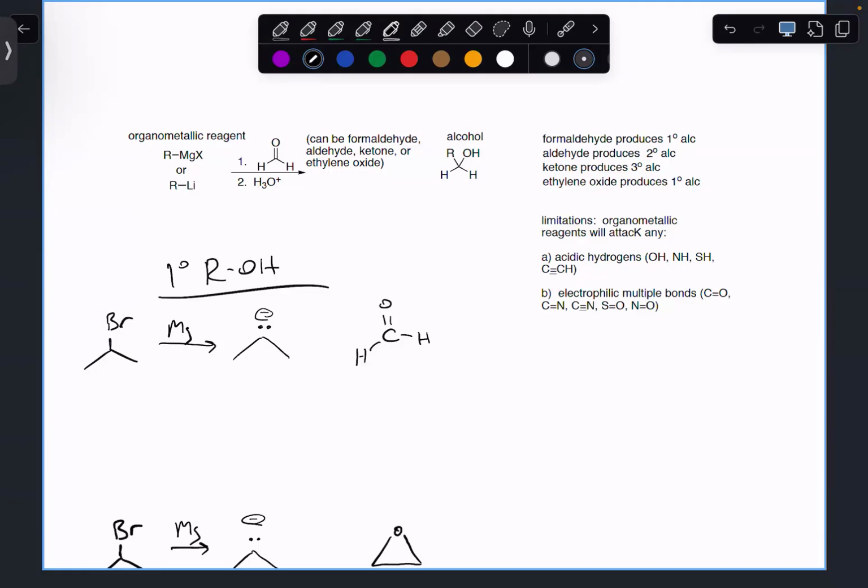Then you're going to come back and add some carbonyl to it, some electrophile. Remember what we talked about when we introduced this in lab. The only thing you need to know about carbonyl chemistry is that the carbonyl carbon is very electropositive.